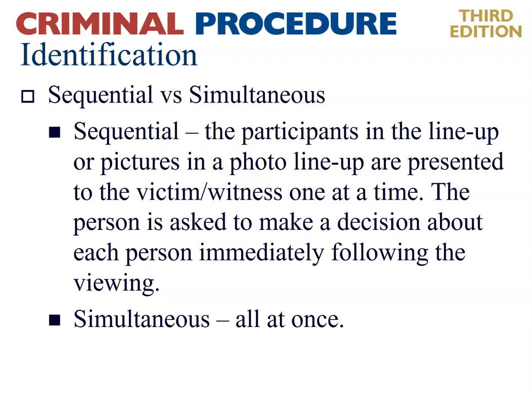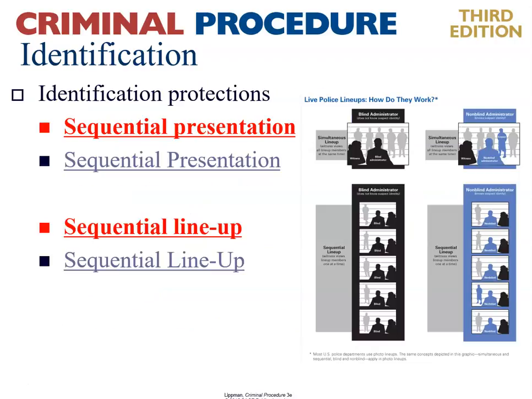And the person is asked to make a decision about each person immediately following the viewing. So that eliminates the possibility of you comparing. Because realistically, within 15 to 20 seconds, you should be able to pick somebody out. And if it takes you 4 or 5 minutes, then you're thinking too much. You're comparing. So hopefully that sequential would work a little bit better.